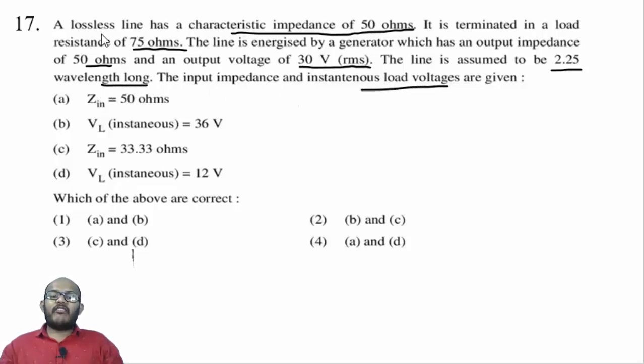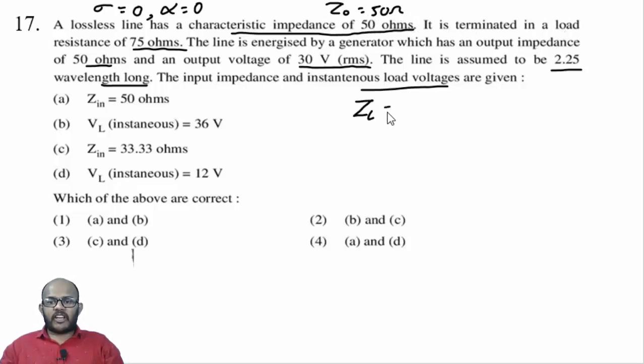We know that whenever they are talking about a lossless line, the conductivity equals 0 and alpha equals 0. So what they have given is the characteristic impedance, which equals 50 ohms, and the line is terminated by a load impedance of 75 ohms.